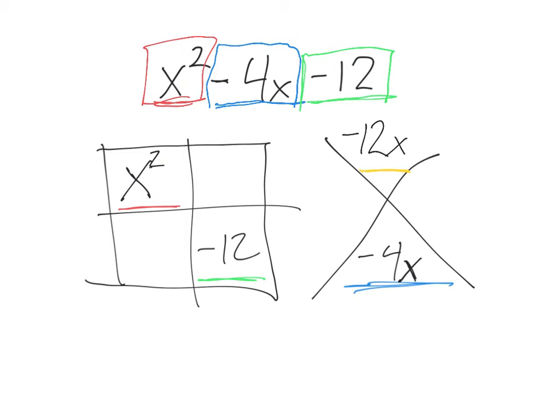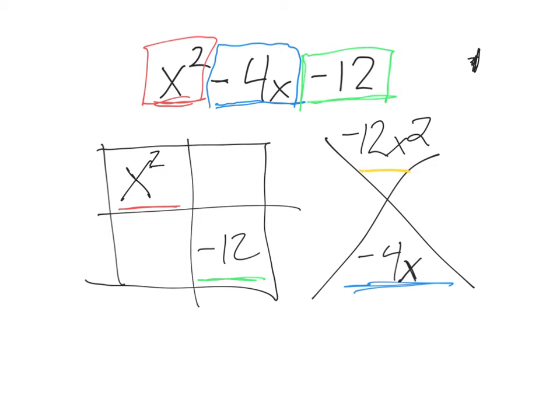So I get negative 12x squared. So the yellow is saying the quadratic times the constant. Now, I need to figure out what multiplies to negative 12, but adds to negative 4.